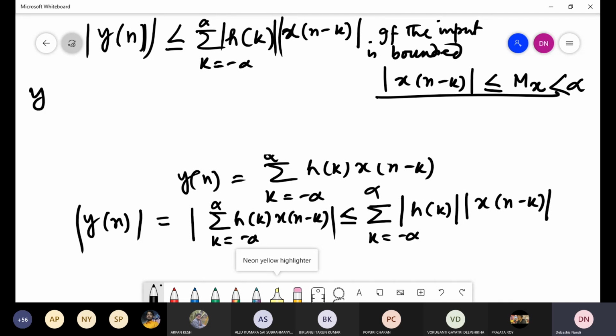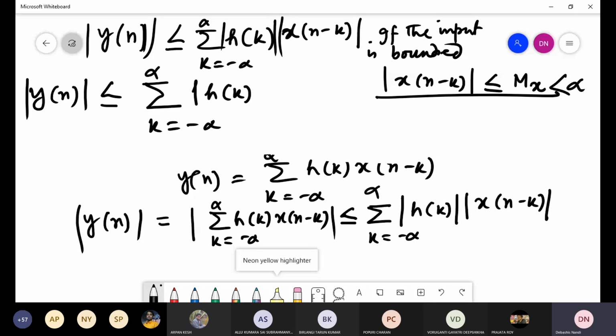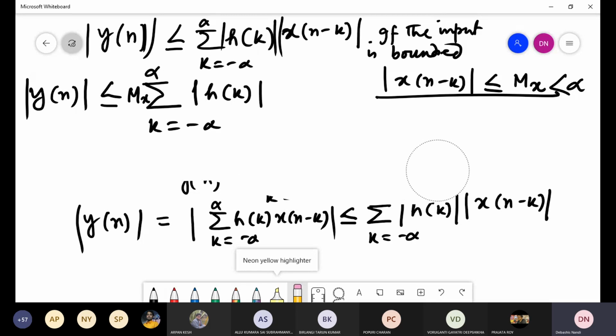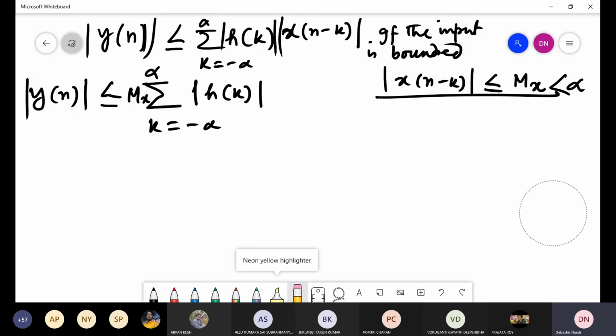That means you can write that mod y of n is less than or equal to summation k equal to minus infinity to plus infinity mod h of k into Mx. Mx I am writing outside this. So mod y of n is always less than or equal to this.